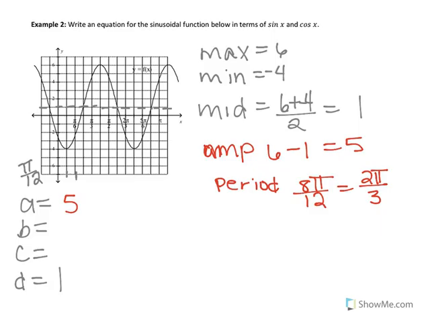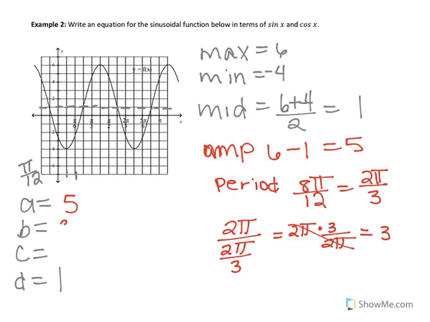So to find my b value, it's sine and cosine functions, so we're going to take 2 pi and divide it by 2 pi over 3, which is the same as 2 pi times 3 over 2 pi. So it is 3. And our c value is going to change depending on which function we're doing.